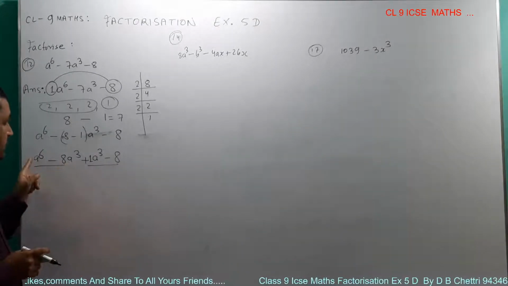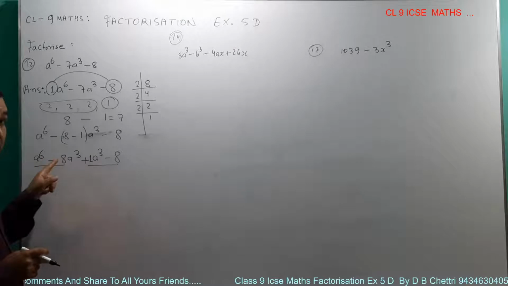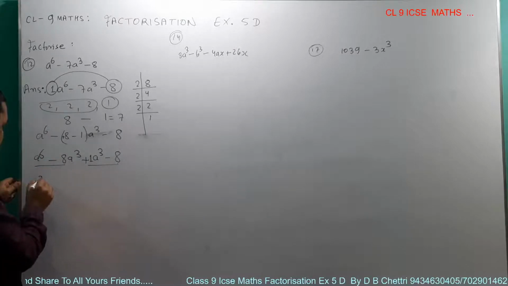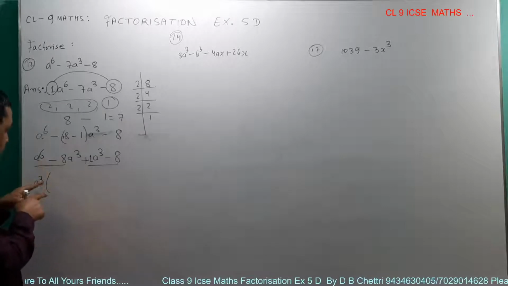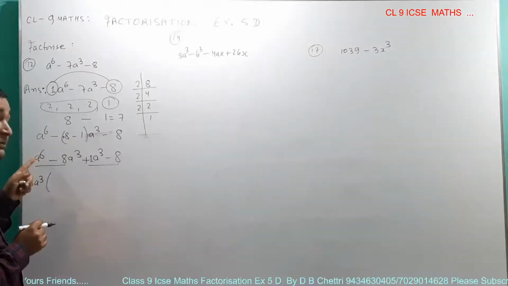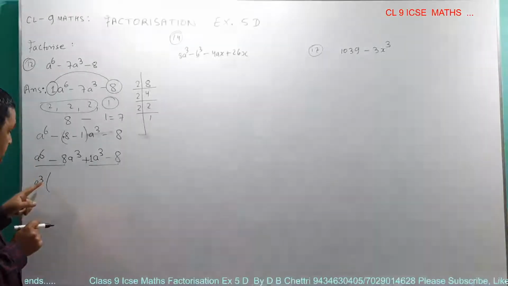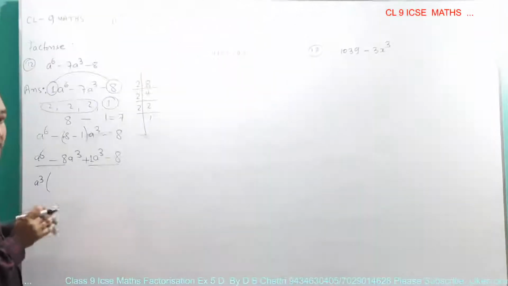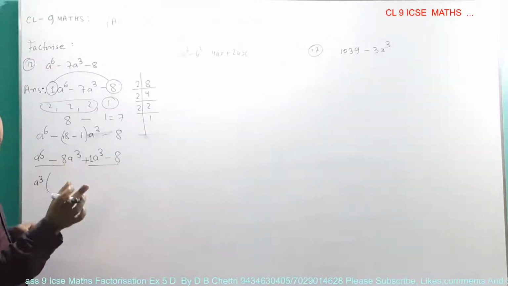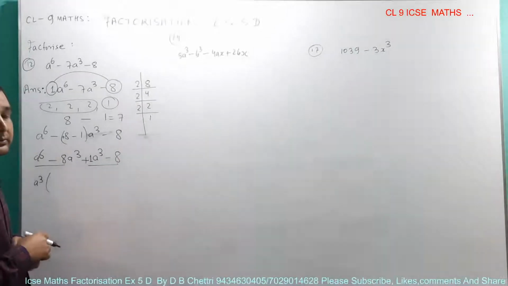So out of a to the power 6, we take a cube common, then a cube is left, because 3 plus 3 is 6. When multiplying variables, their powers are added, or subtracted when dividing.